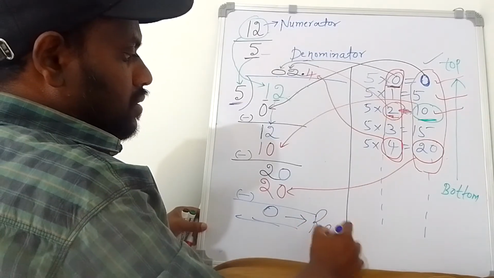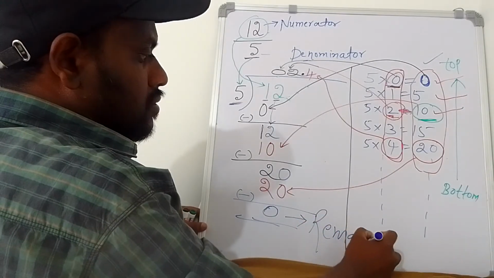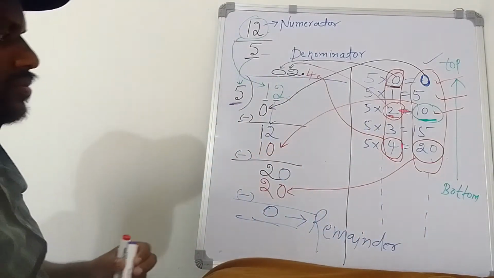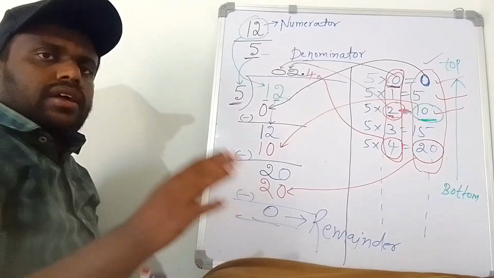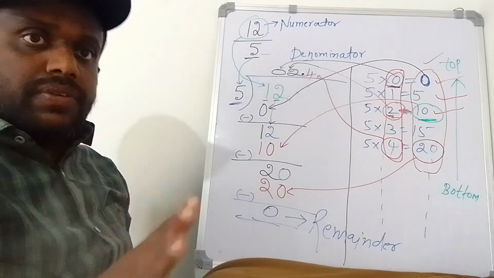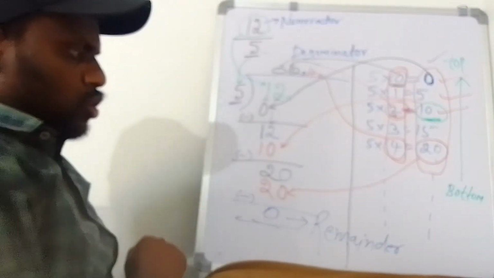This is the remainder. Remainder is the number that is left out after the complete division. So the remainder we got is 0.